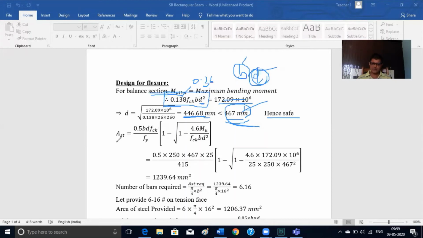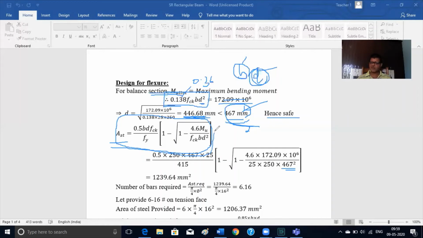Now whenever you calculate the AST and the shear, you have to take D equal to 467, not this 446. This is the required value, but we have provided more than that, so we are safe. So according to what you have provided, you find the area of steel. Now the area of steel formula is again given on page 96 for these under reinforced sections.